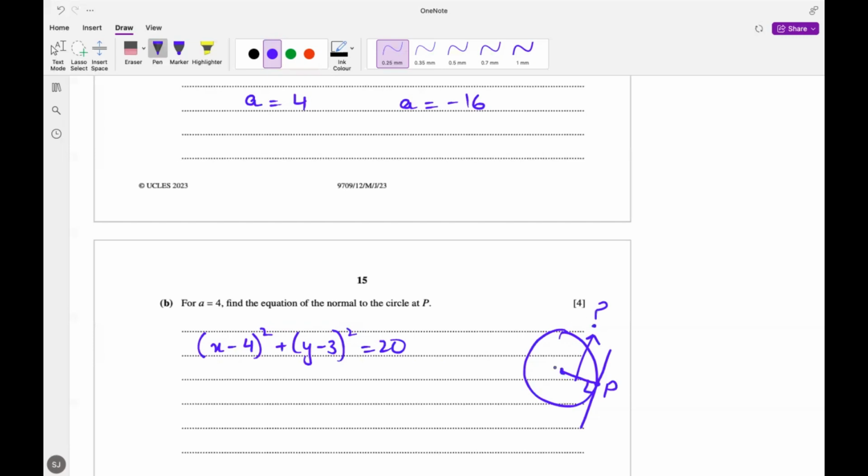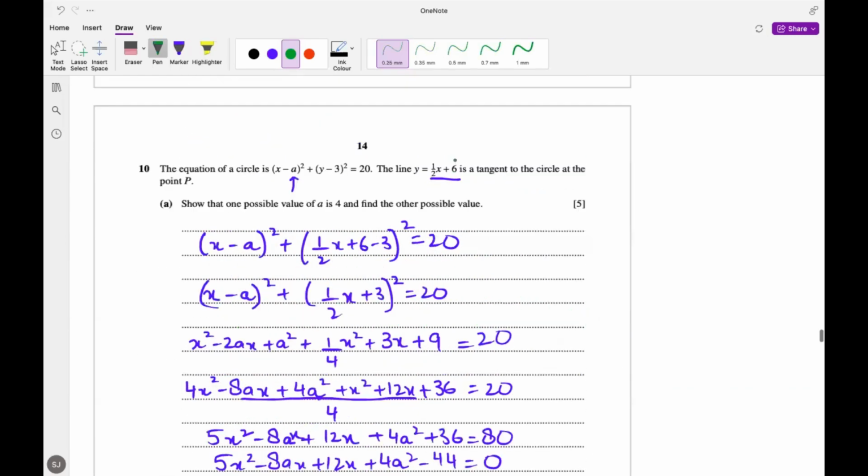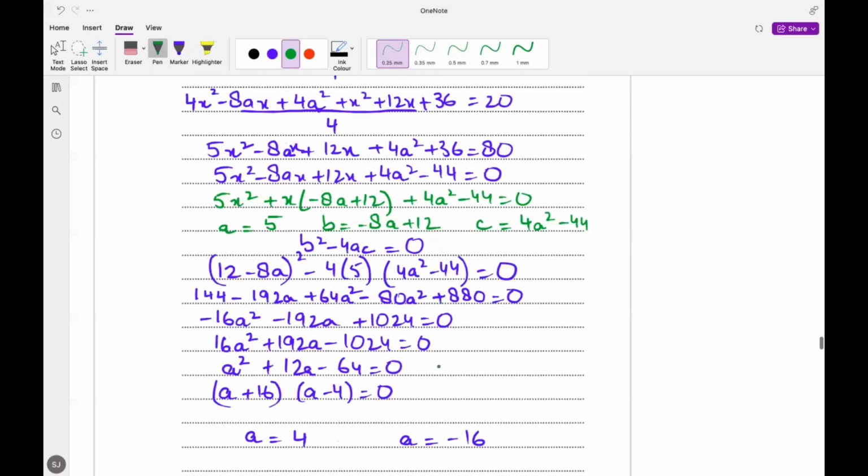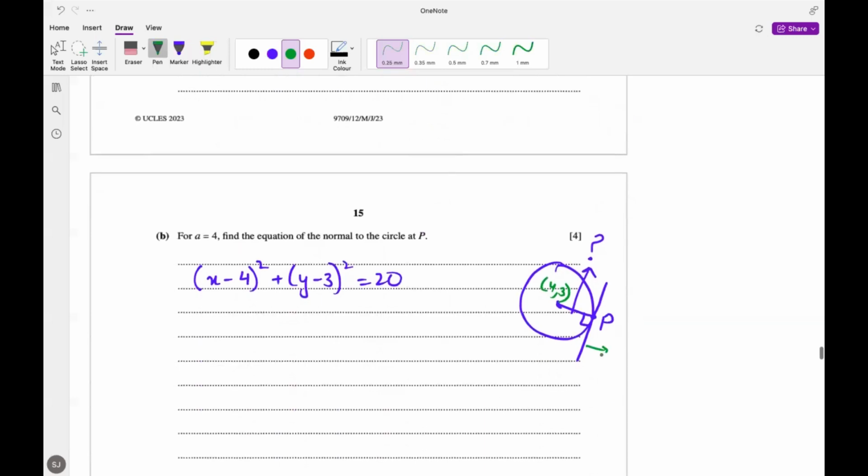Now we already have a point on the normal, which is 4 and 3, which is the center point. So this point is 4 comma 3. Now to find the equation, the gradient of the normal, we have the gradient of the tangent from our original equation, which was 1 upon 2. So as the gradient of the tangent was 1 upon 2, the gradient of the normal will be the negative reciprocal, which is minus 2.